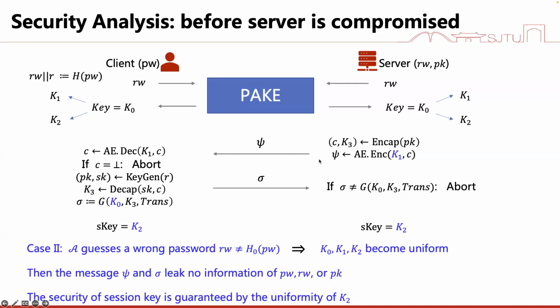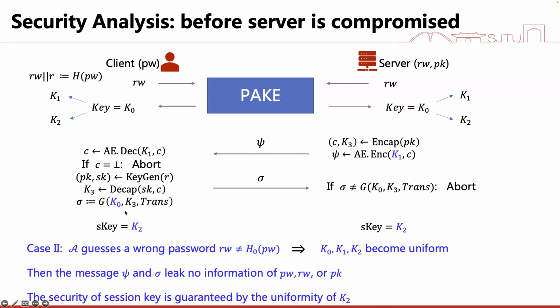And now consider the case that it makes a wrong password guess on PAKE. Due to the UC security of the underlying PAKE, the PAKE session key K0 is uniformly distributed. And therefore, the derived keys K1 and K2 are also uniformly distributed. Then by the one-time CCA security of the authenticated encryption, the message PSI can be simulated by an encryption of a dummy message.